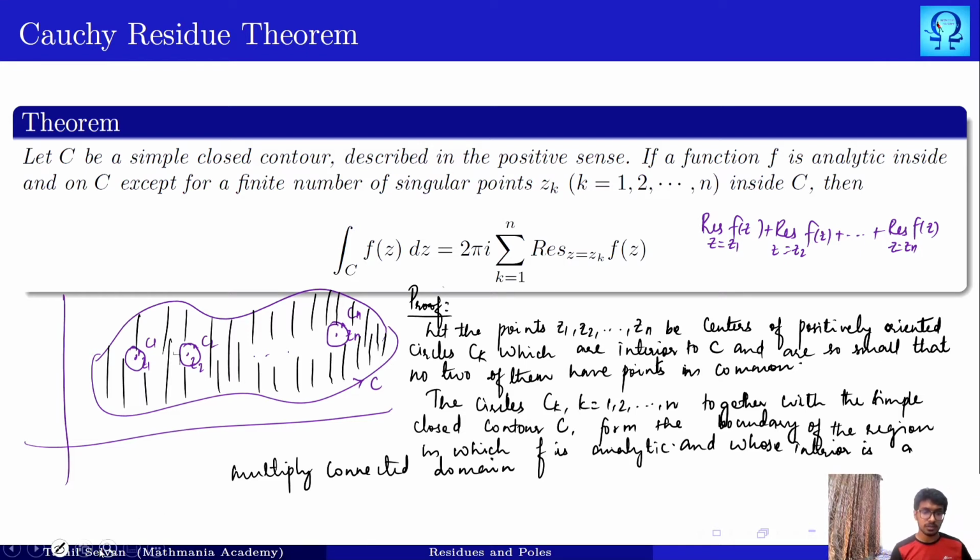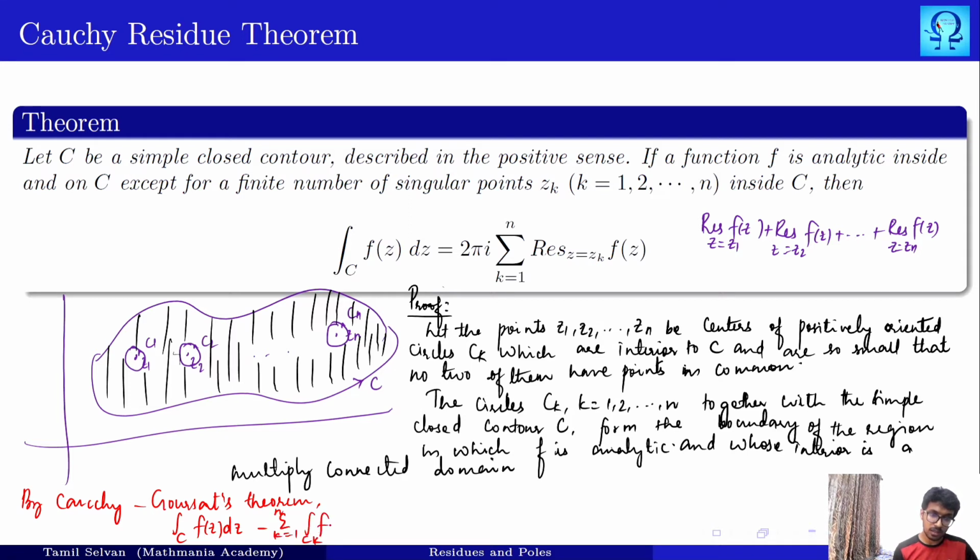So by Cauchy theorem, we get the integral over C of f(z) dz minus the summation, k running from 1 to n, of the integral over Ck of f(z) dz equals 0.